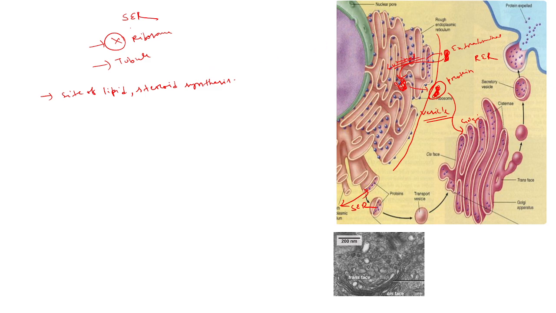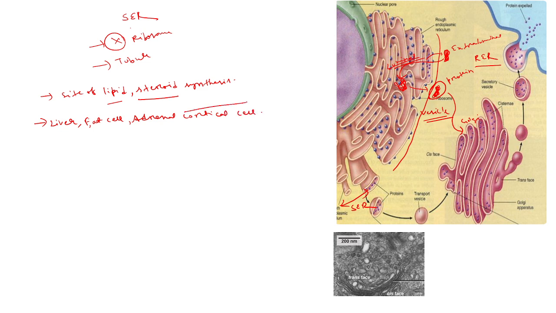So the rough endoplasmic reticulum helps in protein synthesis, and the smooth endoplasmic reticulum helps in lipid synthesis, or lipid and steroid. Now which cells contain the smooth endoplasmic reticulum? Cells like the liver, a fat cell, and adrenal cortical cell.